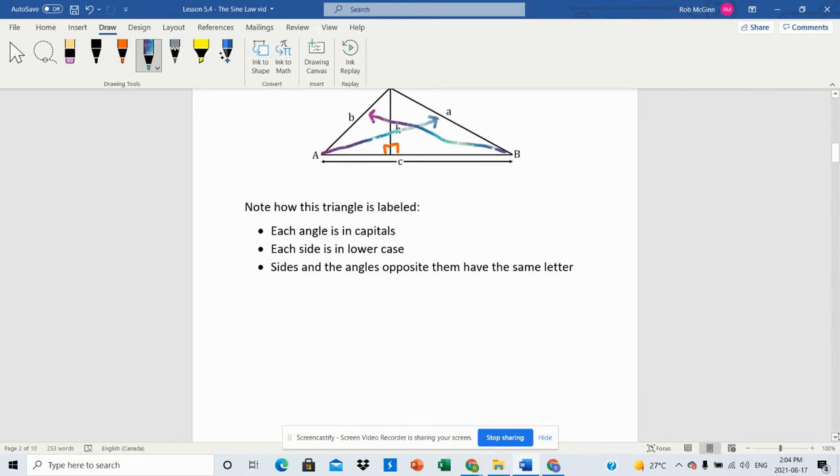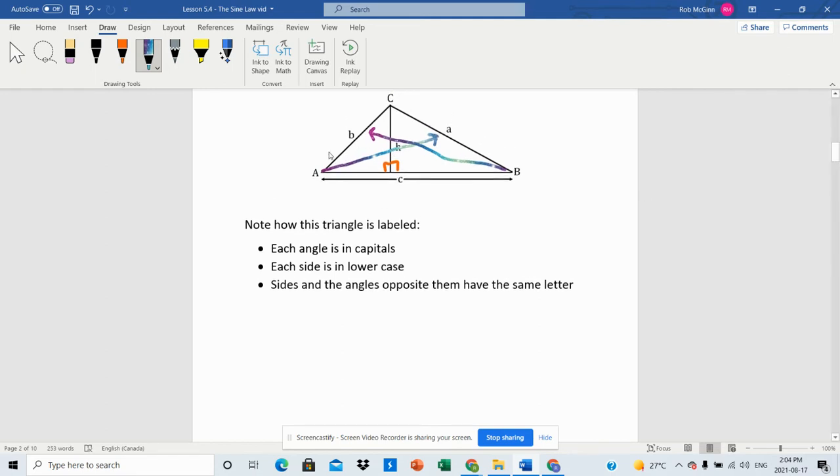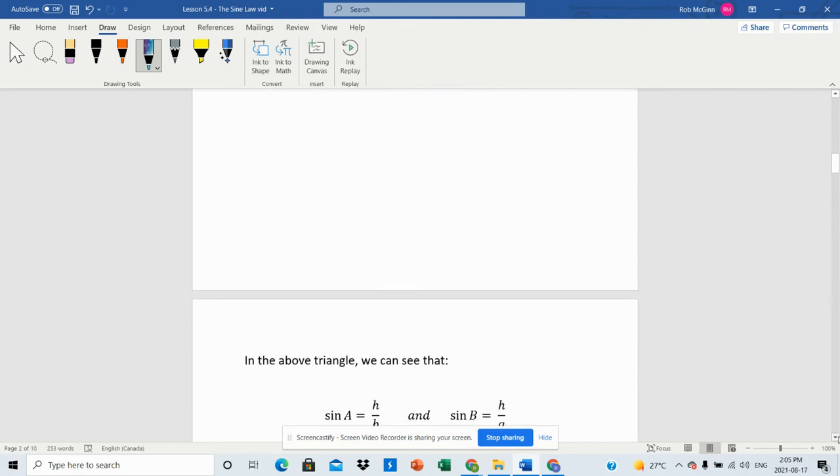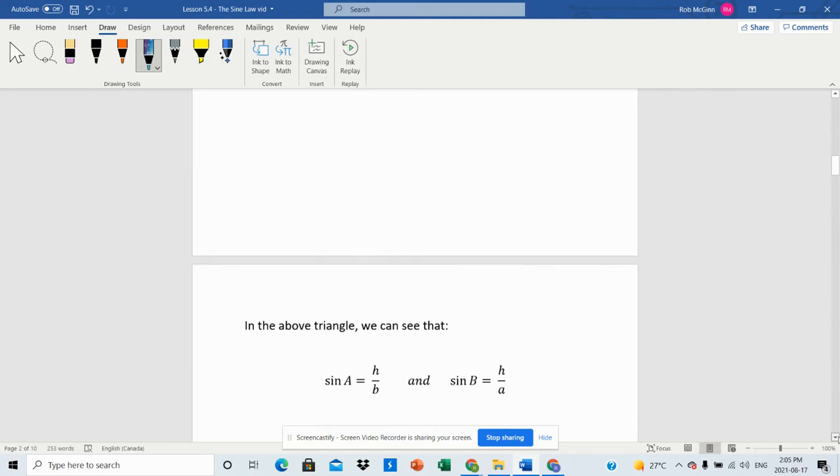I couldn't do anything before, but I can use trigonometry now that I've put this altitude in. Now that I've put the altitude in, I can notice some things. In the above triangle, we can see sine A is equal to opposite over the hypotenuse, which is h over b.